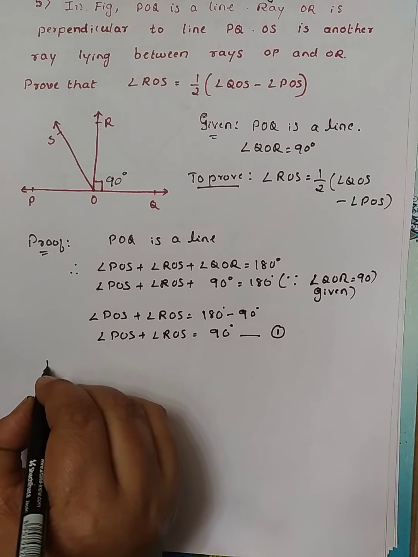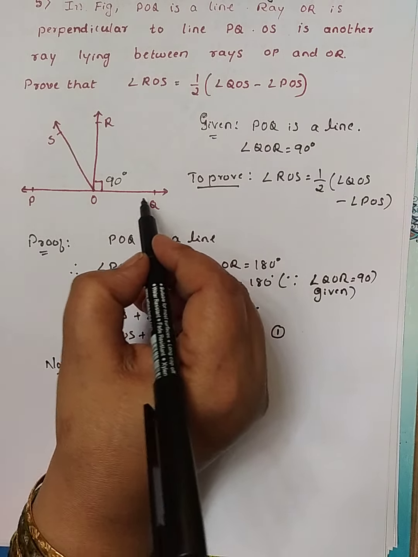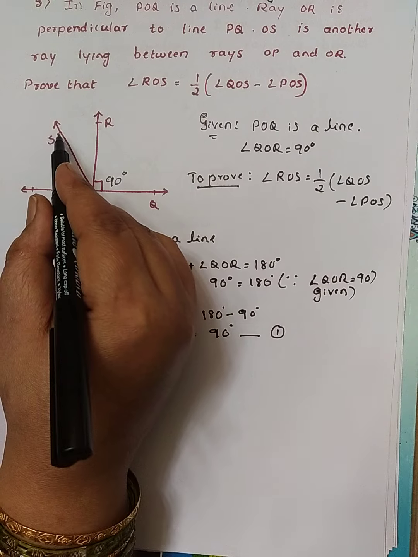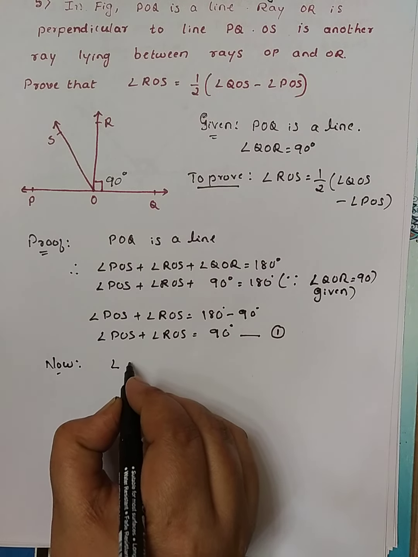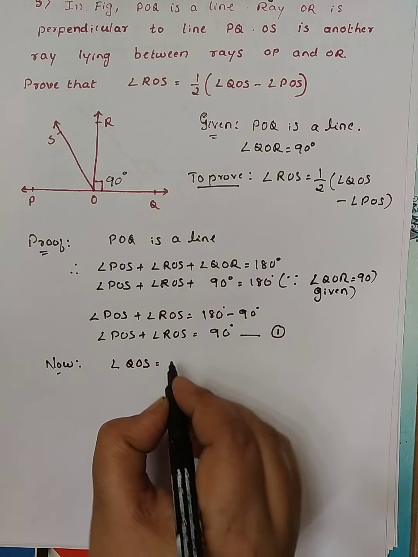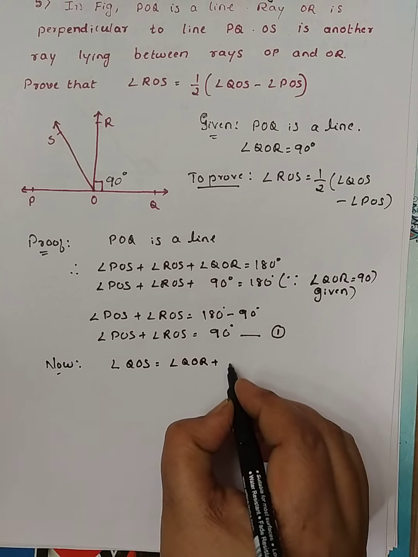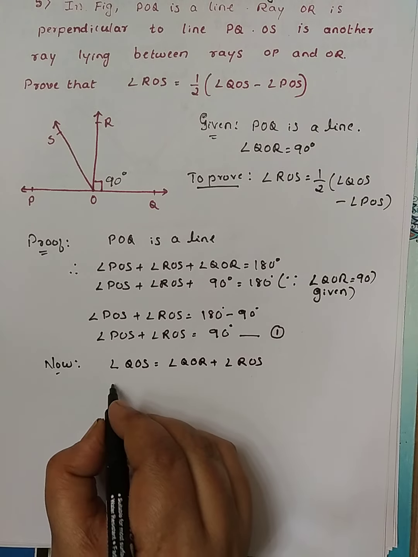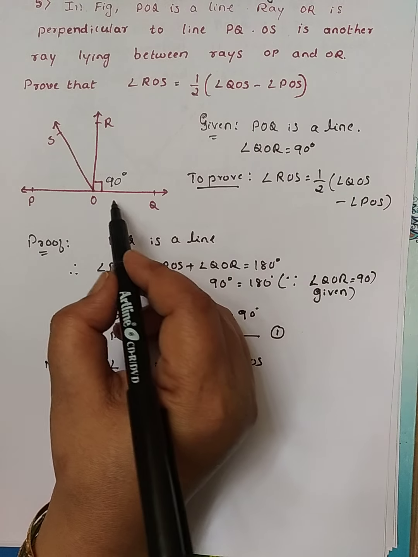Next, in QOS, QOS is made up of two angles here: one is QOR and the other ROS. Therefore we can write angle QOS equals angle QOR plus angle ROS. What is the value of QOR here?